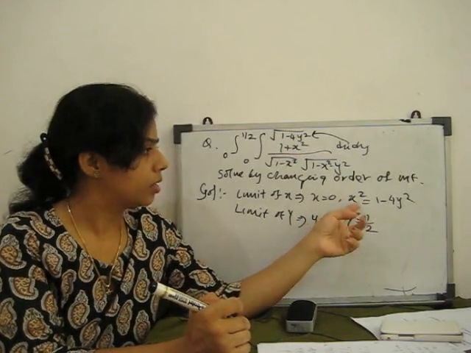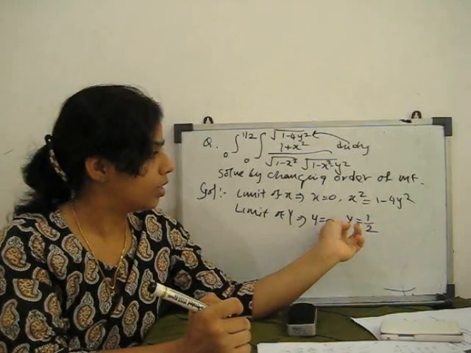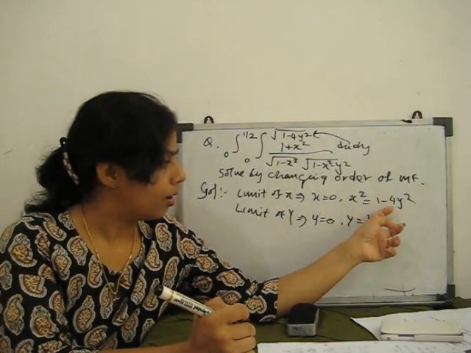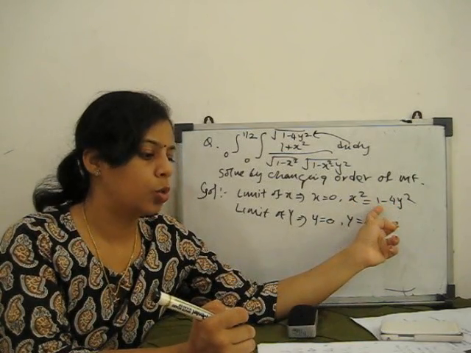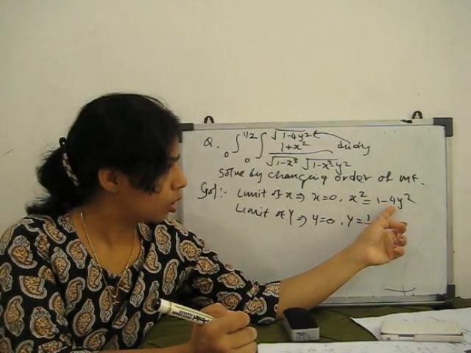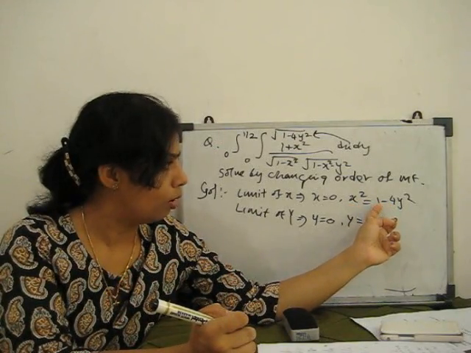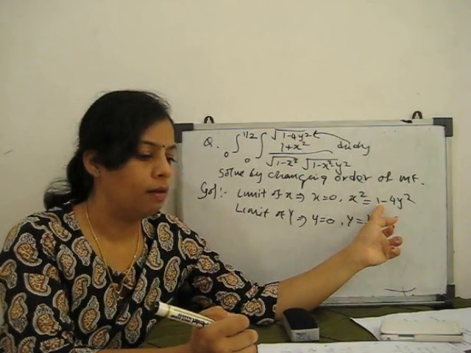When we convert, x is equal to 0. When we put y is equal to 0 here, x square is equal to 1 minus 0. So x gives 1. Clear? X means 0 and 1.